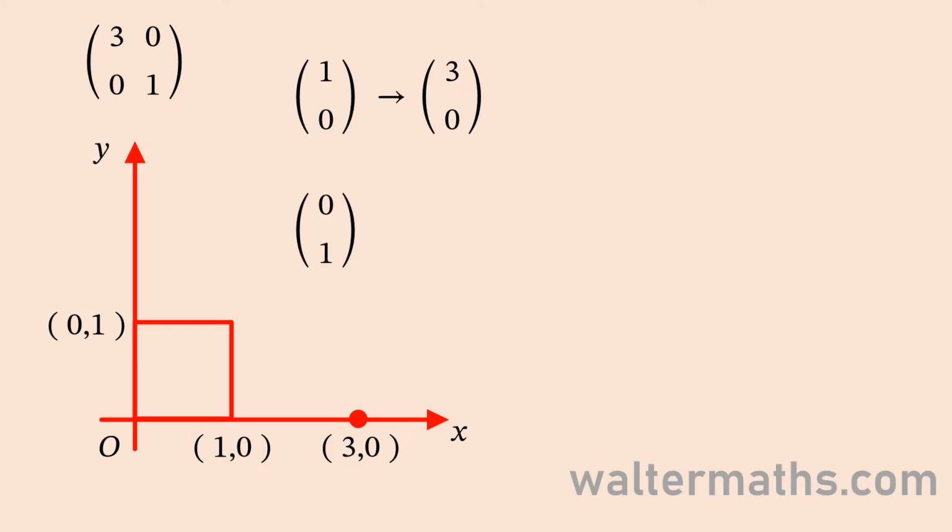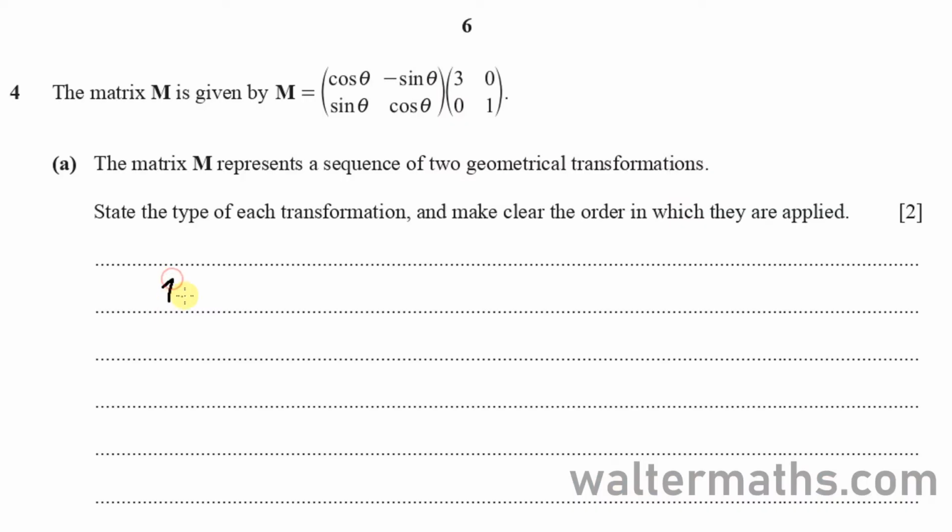And the point 0, 1 is invariant under this transformation, so it's mapped onto itself. So you can actually see that this is a stretch by factor 3. So the first transformation is a stretch parallel to the x-axis with a factor of 3.